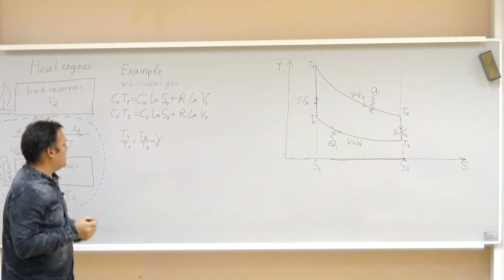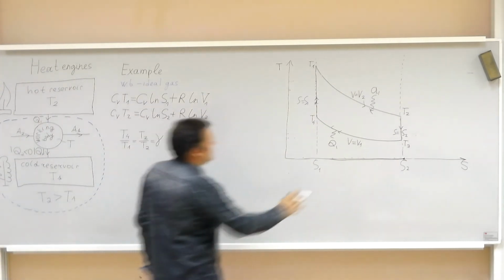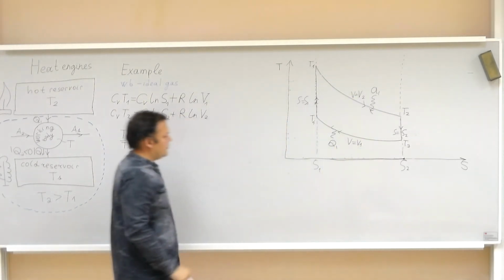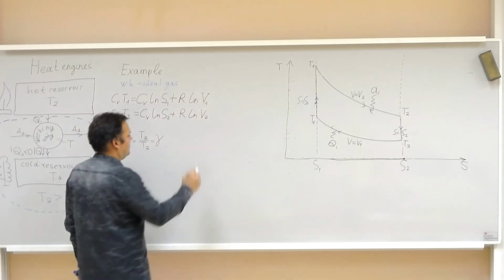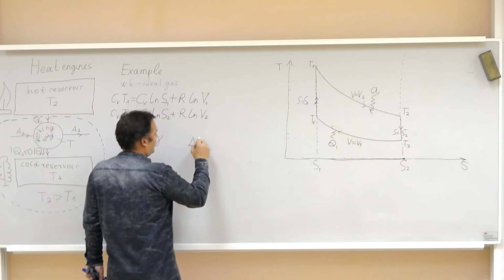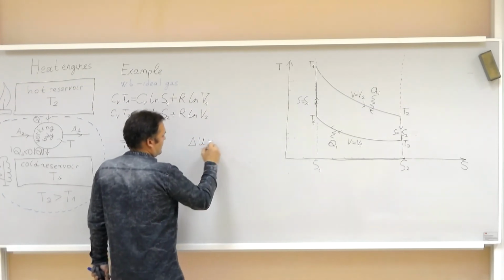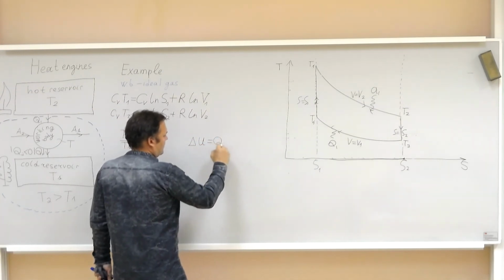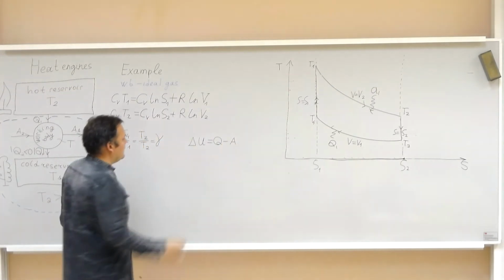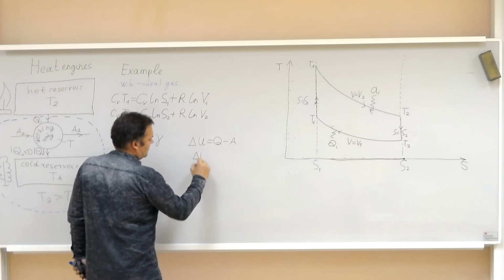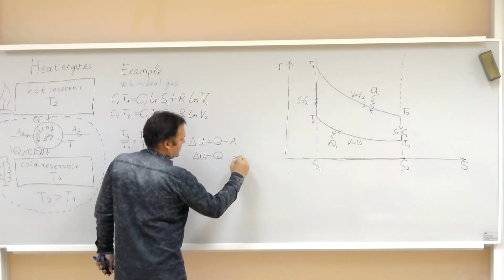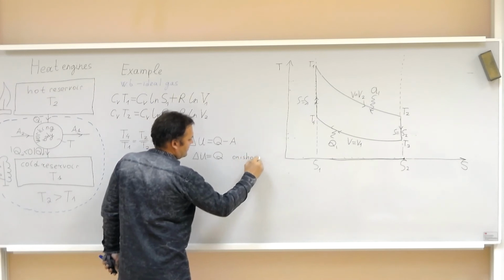On the other hand, these are isochoric processes. This means that the volume of the system does not change. In this case, we can write delta U equals Q minus A, but A equals 0, so delta U equals Q for an isochore.